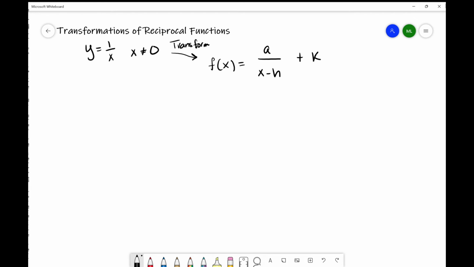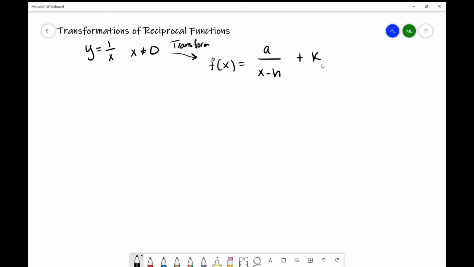Alright, now, let's talk about what happened here. A is a value, alright? This time it's not 1, it's a. Then x is here, but this time we're taking h from x, so we're subtracting an h value from x, and then I will add k to the whole thing. All right, so now we kind of have an idea of what's happening.